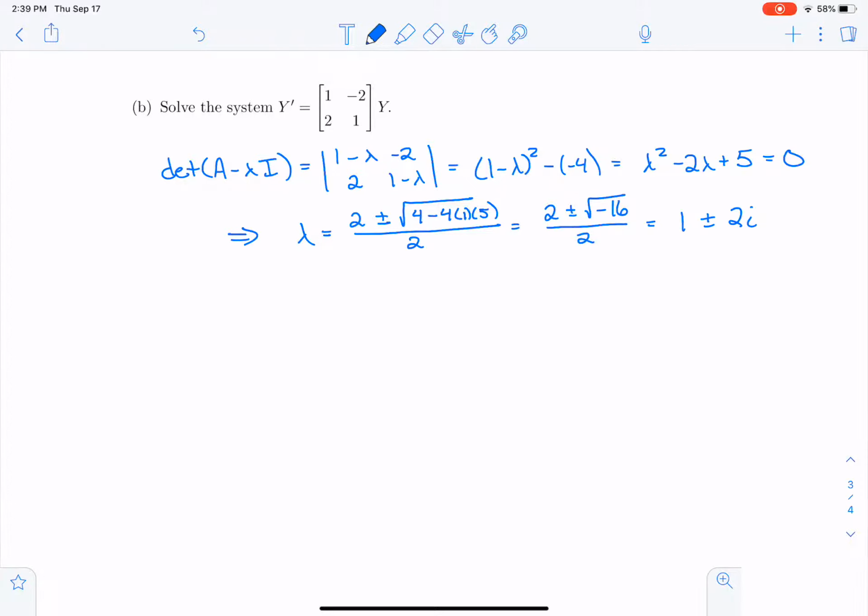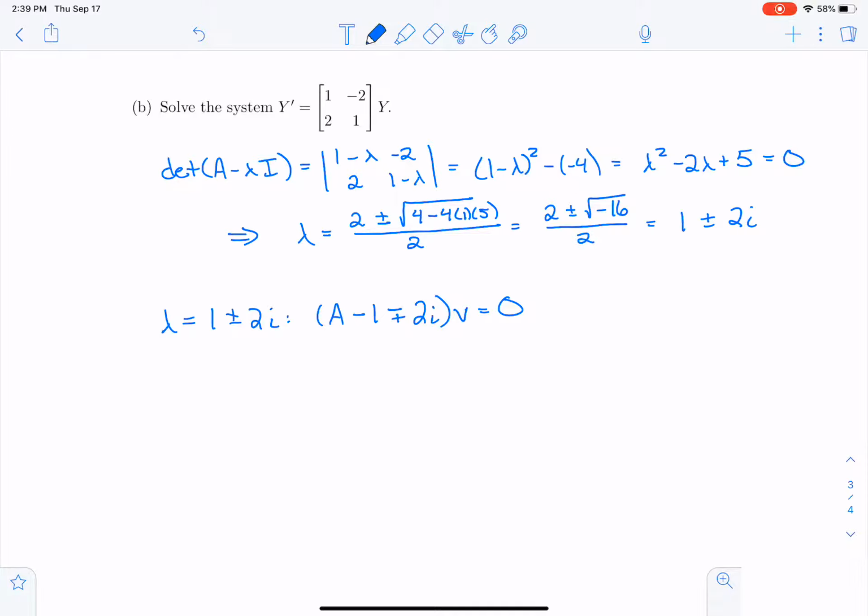So what I'm going to do is let lambda be 1 plus or minus 2i. And then note that I want to solve the system A minus lambda I. So A minus 1, and where I had a plus 2i, I'd have a minus 2i. Where I had a minus 2i, I'll have a plus 2i. So [negative 1 minus plus 2i] times the eigenvector v is equal to 0. So what does that system look like?